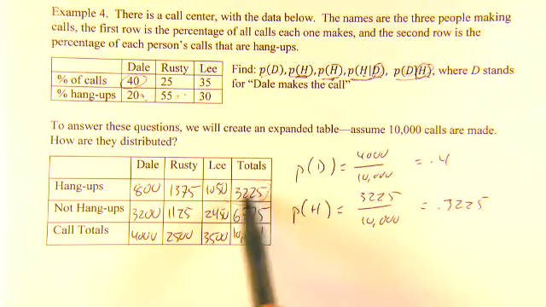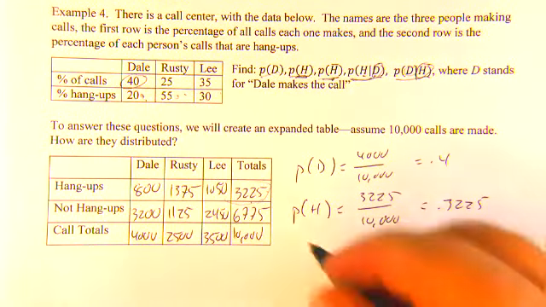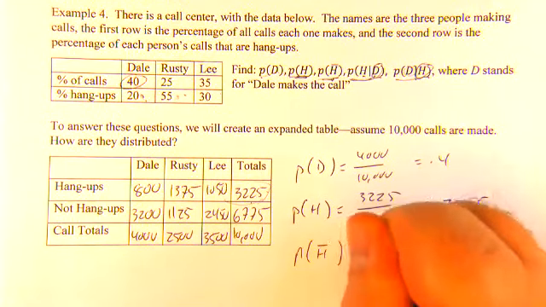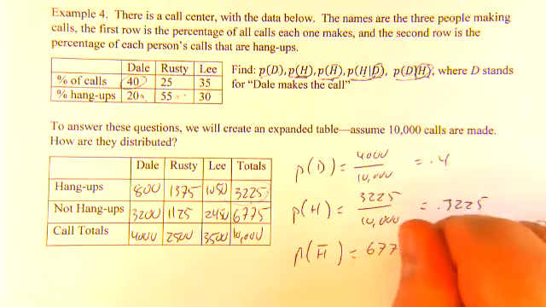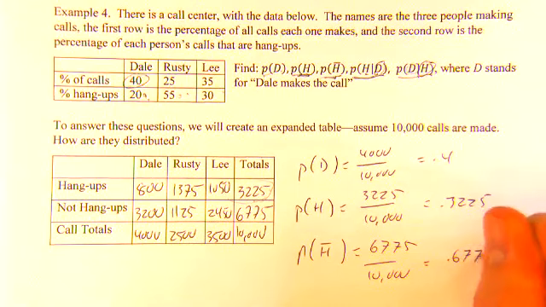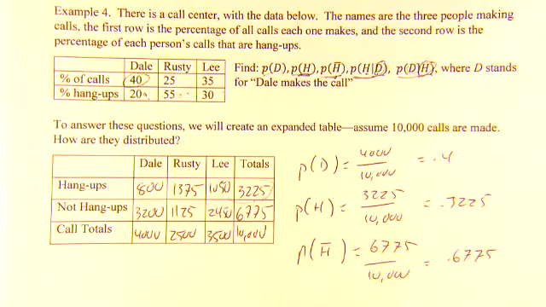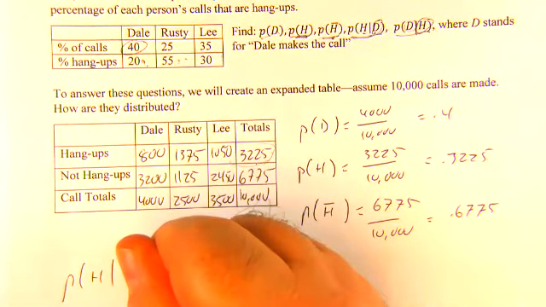Notice it's a little bit easier to get that number than to get it from here. What's the probability of not getting a hangup? Not getting a hangup is 6,775 out of 10,000, which is 0.6775. That's not surprising.